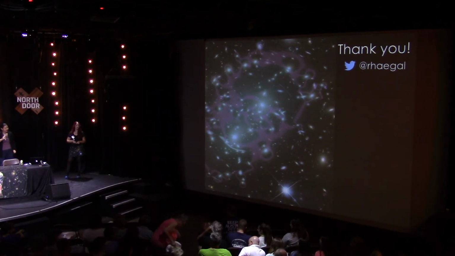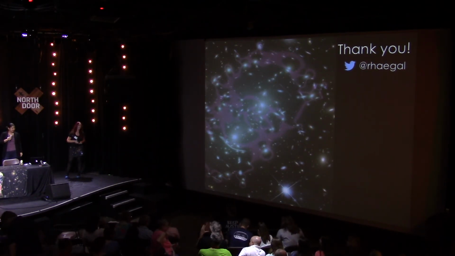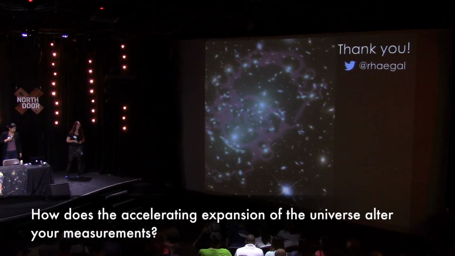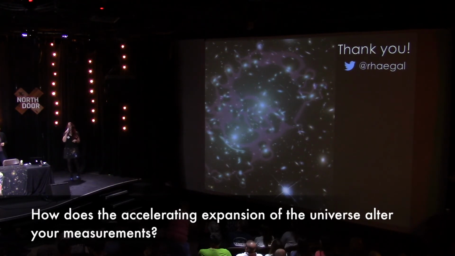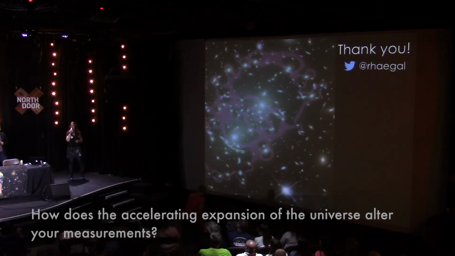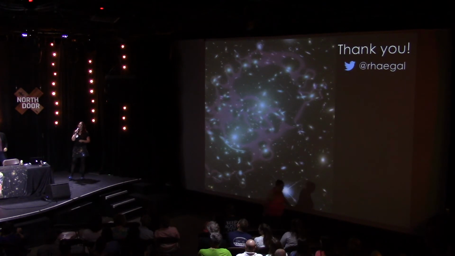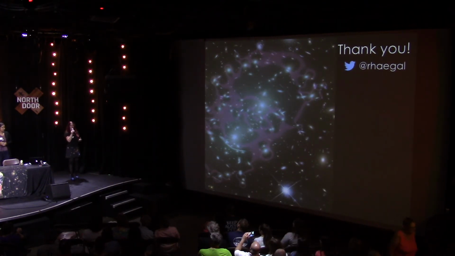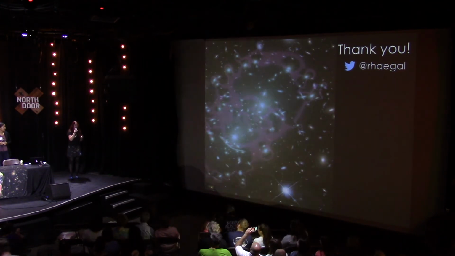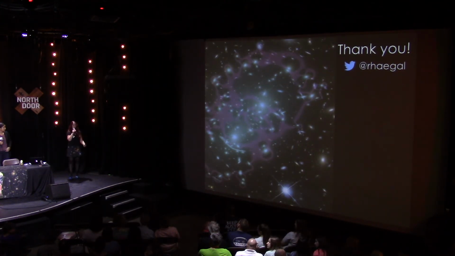The question was, the fact that the universe's expansion is accelerating, how does that affect our measurements? If you try to take any of our measurements and turn them into physical quantities, it has a big effect, because you have to assume how much the universe has expanded since the light left the galaxy.